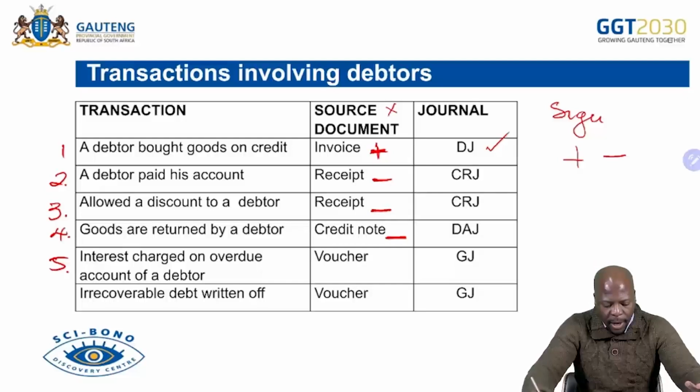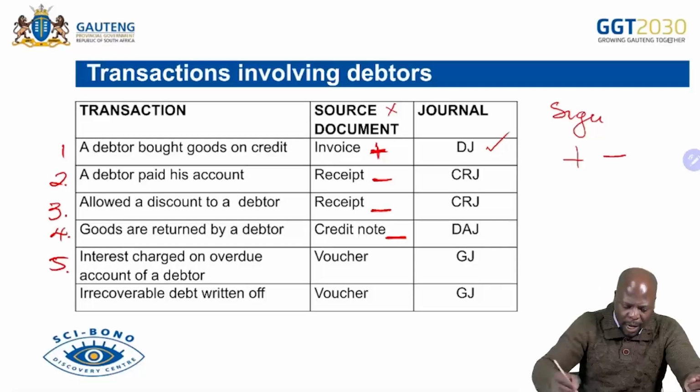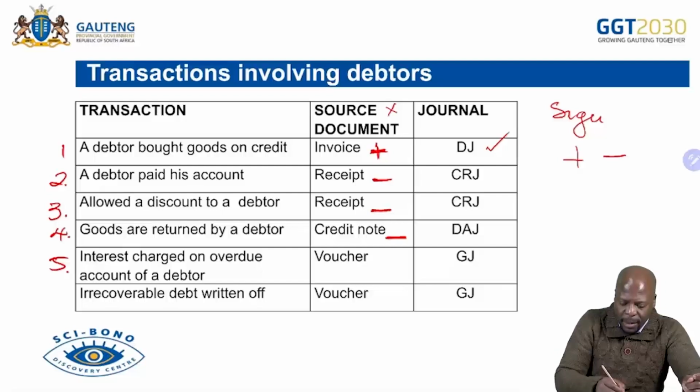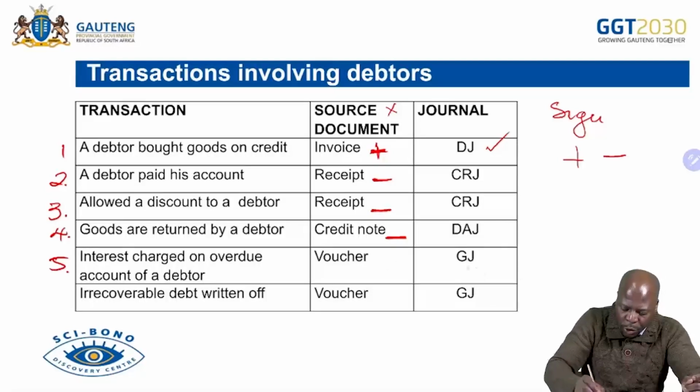And then the source document becomes our voucher. When interest is being charged, remember it comes to your general journal, the GJ, and then the sign that I'm going to assign to it is a plus.